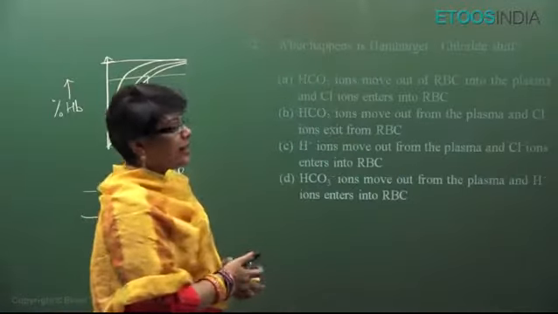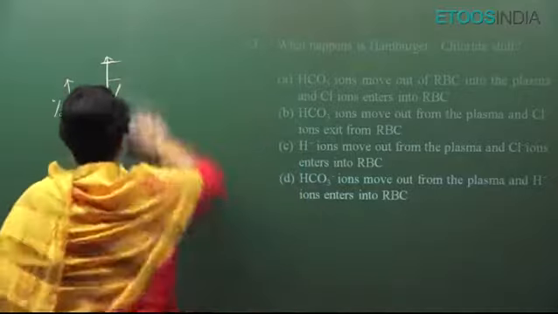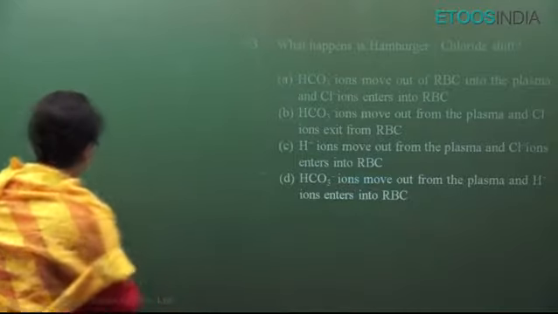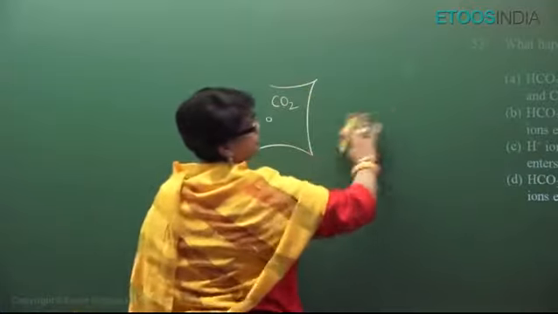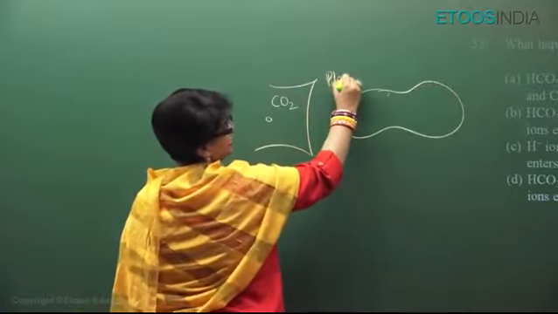Now, what happens in Hamburger or chloride shift? Now students, this is related to CO2 transport. We have discussed that this is a tissue cell, suppose CO2 is getting produced. Here this is blood, this is an RBC, this part is the plasma.